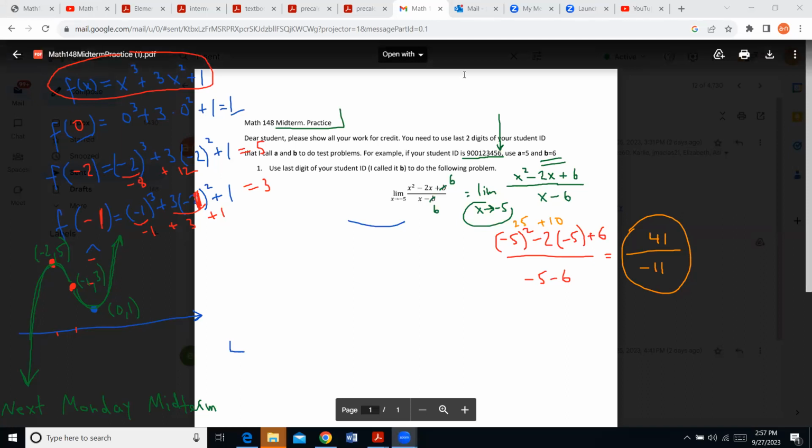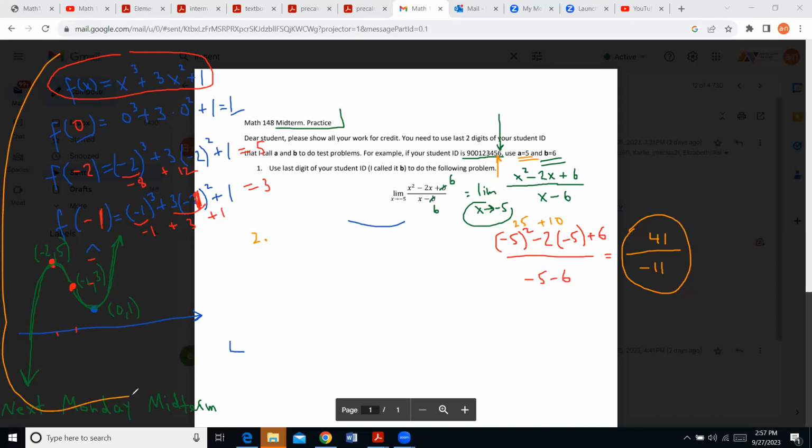Another exercise will ask you to solve some limits, and that'll be another problem on the test. Those exercises will utilize the last digits of your student ID. There is a digit before last that I call A. That will be used in problem number 2, which will be similar to the problem I just did here.